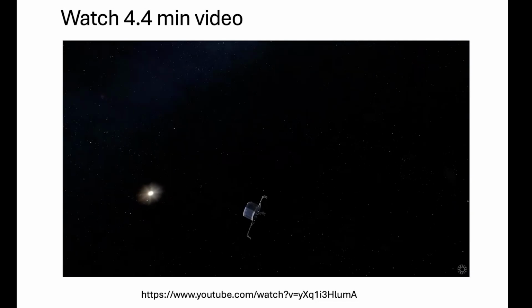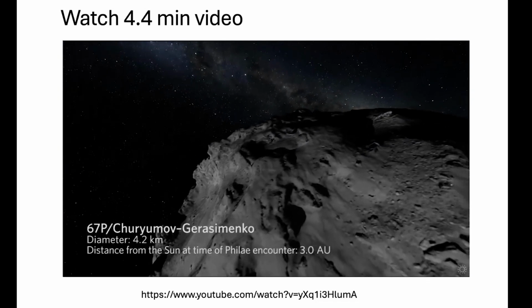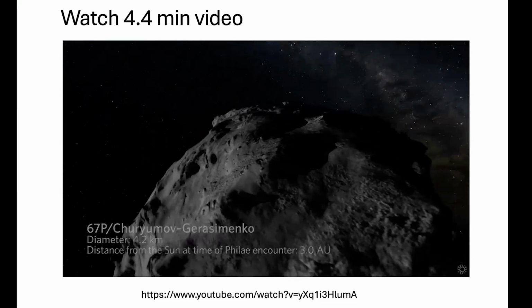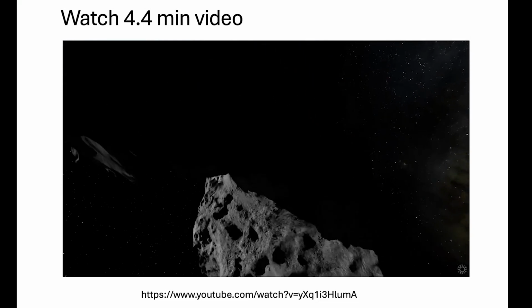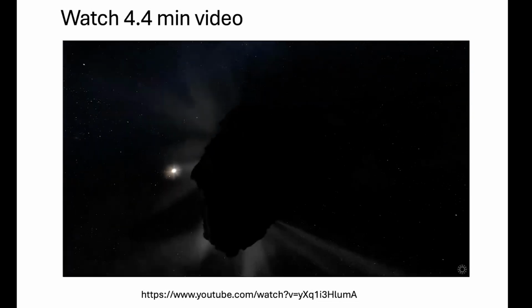In the past few decades, our spacecraft have visited many exotic locations in the solar system, including icy comets that have orbited the sun since the planets were still taking shape.